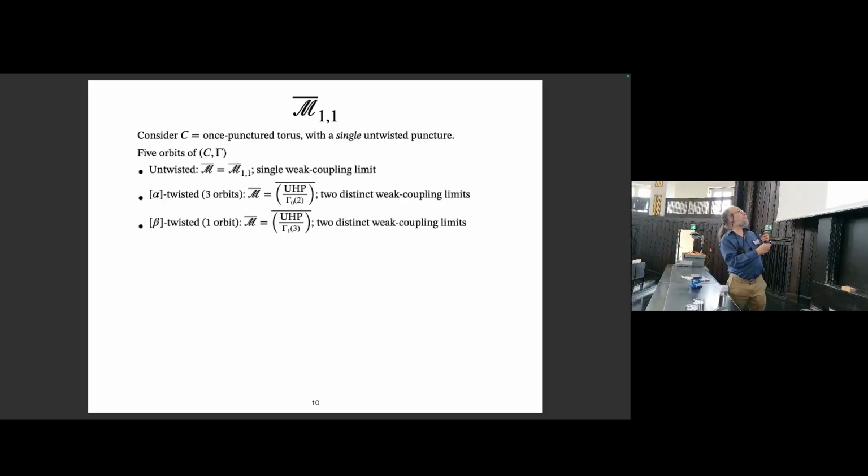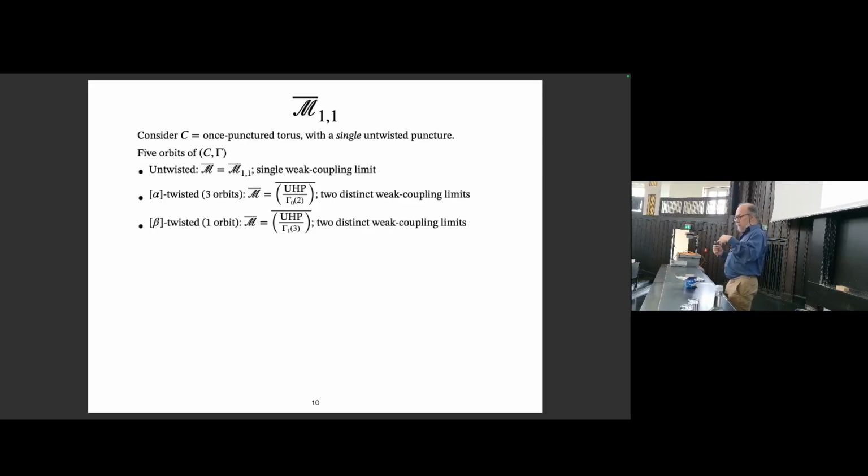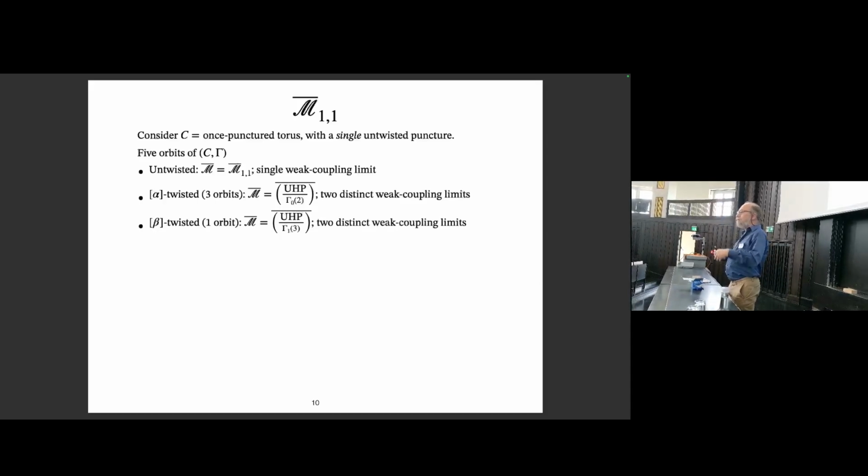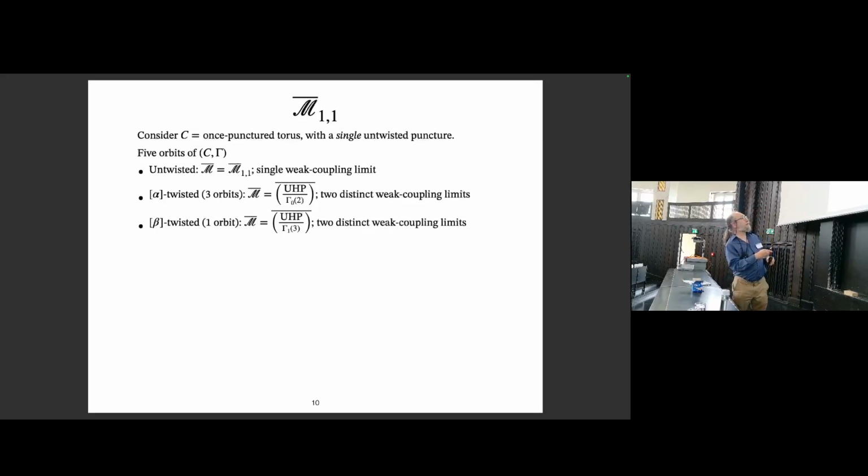The other one is where I have a twist. A representative is where I have a twist in the alpha sector around, say, the A cycle, and all of the modular transforms of that. That gives me a copy of the upper half plane modulo gamma 0 of 2, or its compactification.